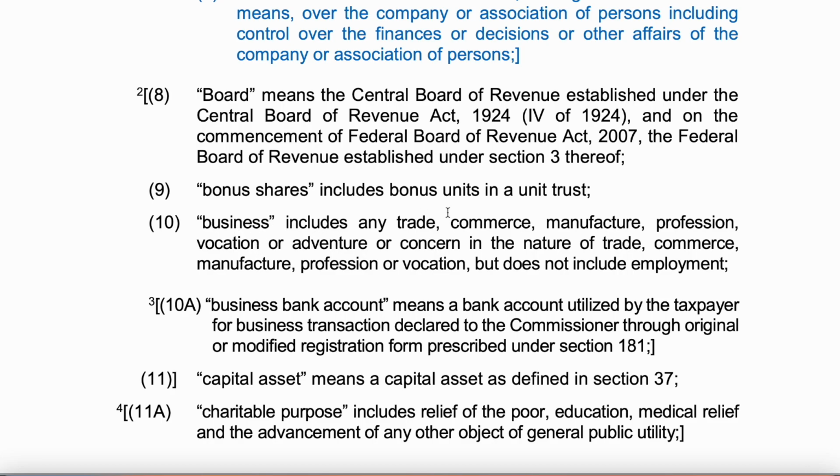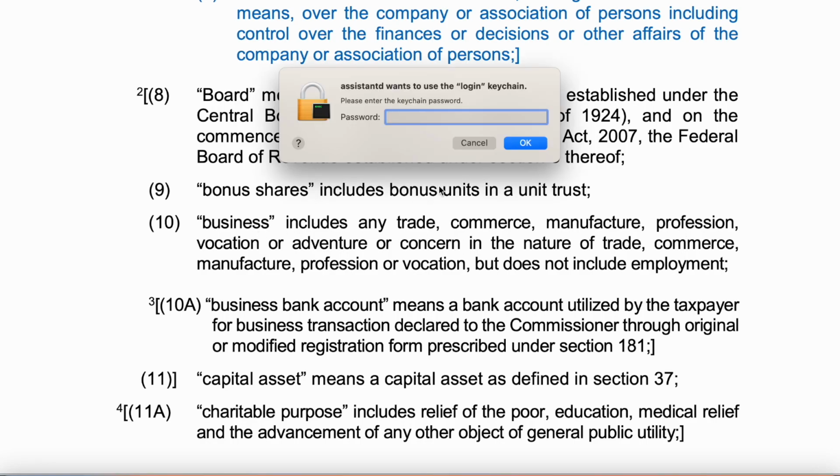Now, normally when we speak of the word business, people understand that business is done all throughout the year. So, if you just had a temporary shop or some stall at an event and you earned some income through trading or selling, or you gave some advice there, is that also included in business?